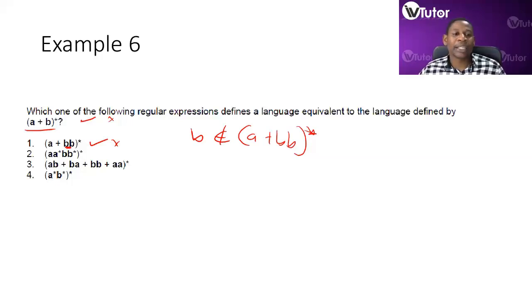And then here we've got A clean star, B clean star. Now, this one says you can have none, of course, but you cannot have an A alone, because once you have an A, you are bound to have a B. So here we say A is not an element of A clean star, B clean star. Let's go to the next one.